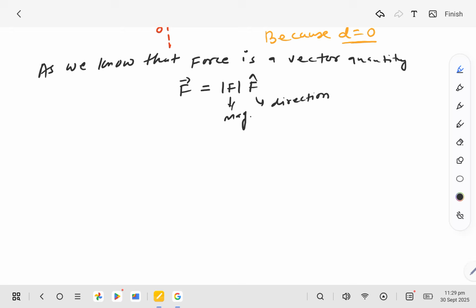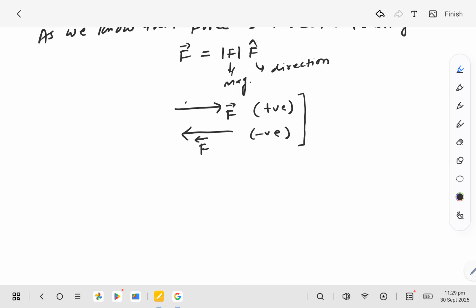And so if the force is in this direction, then we write the positive force, and if the force is in this direction, then we use the negative sign convention. Okay, so this is the sign convention for a force.